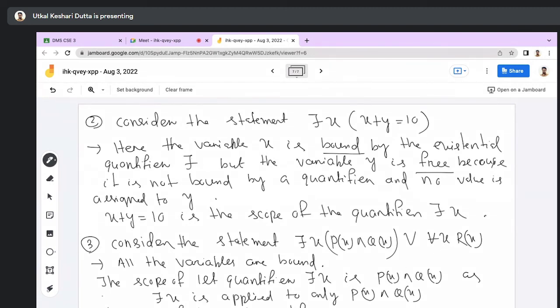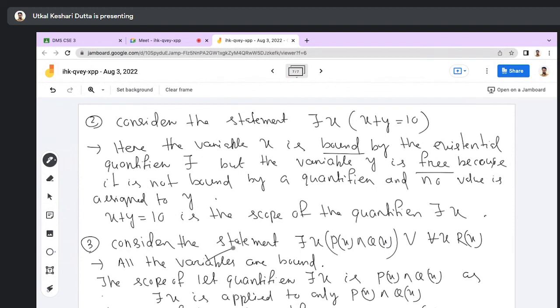The scope is r of x. So in a statement, there can be more than one scope of the quantifiers, depending upon the quantifier. In this statement, it contains two quantifiers, one there exists and one for all, so there will be two scopes.